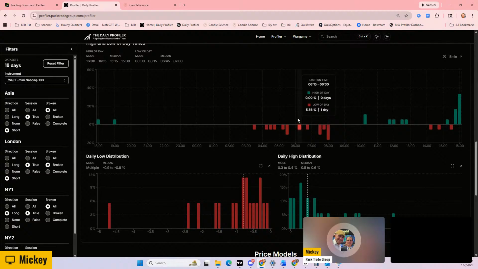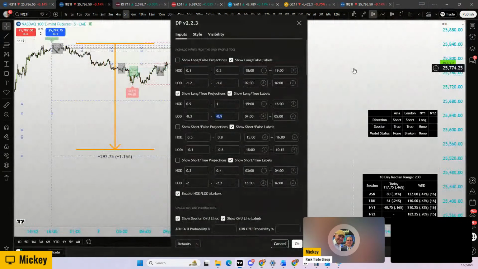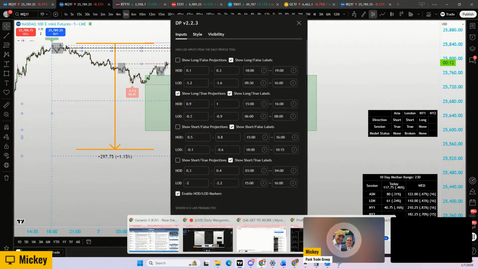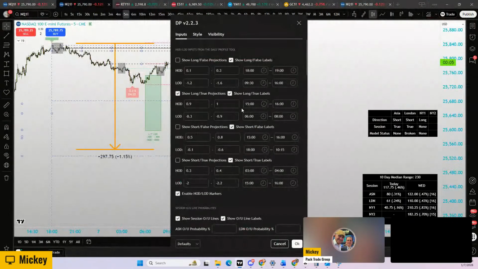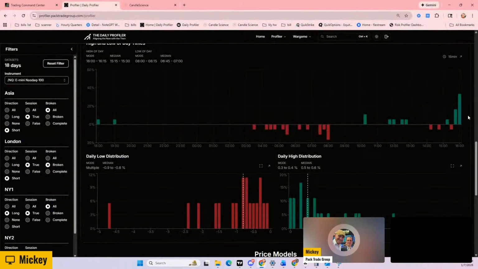That's mode to median. And then let's do our high of day. High of day mode to median is from 0.3 to 0.6. And then high of the day data stands out at power hour, so 1500 to 1600.